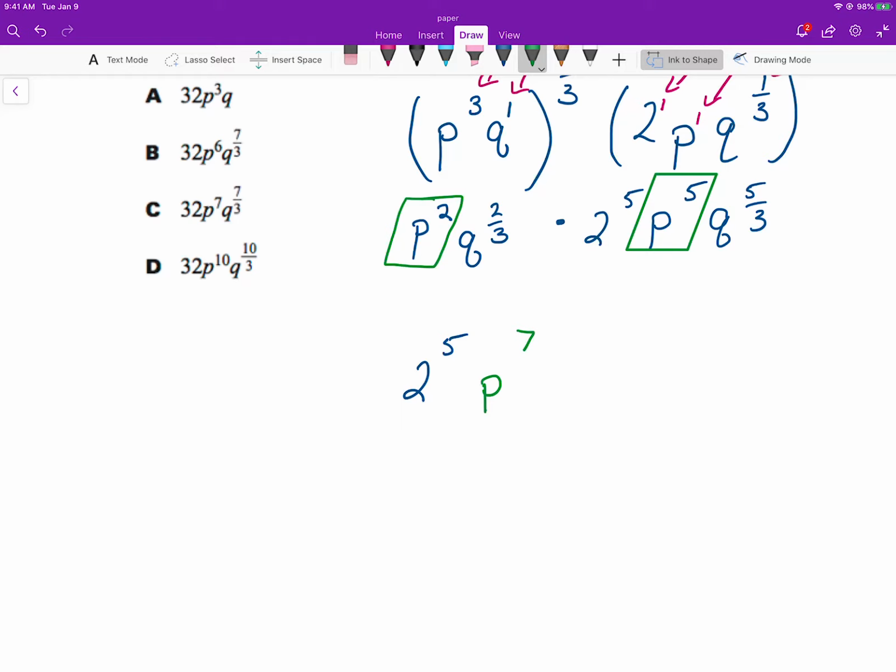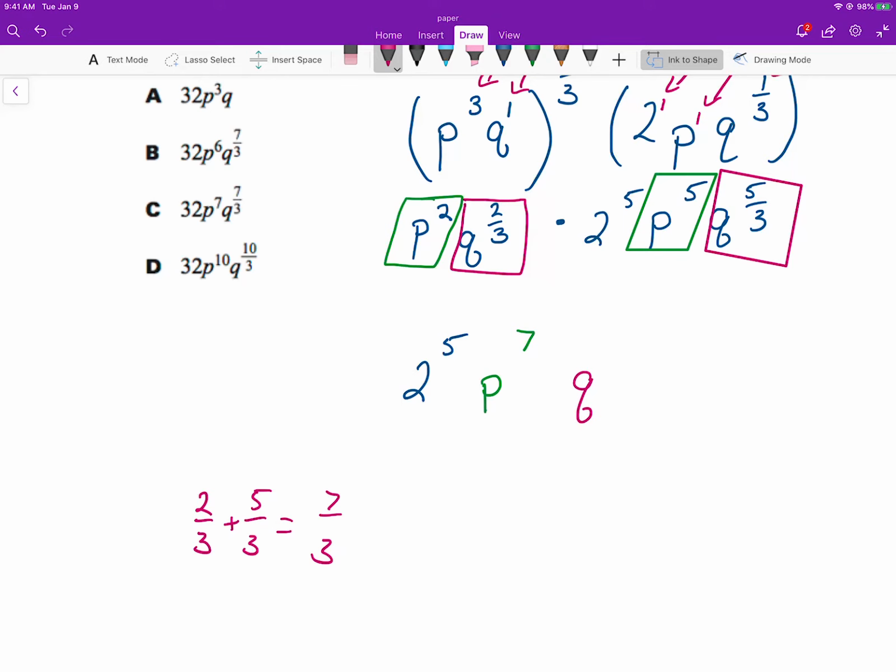And now let's see what we have for q. I have q to the 2/3 and q to the 5/3, and then 2/3 plus 5/3 will give us 7/3. So we'll have q to the 7/3.